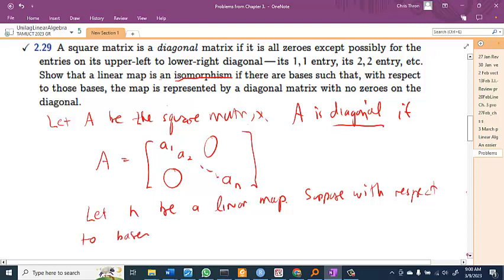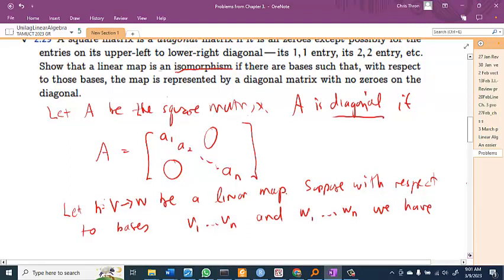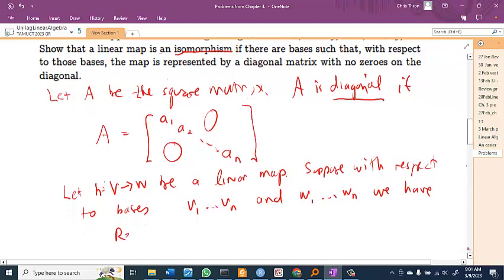Let me be a little more explicit: let H map from V to W. Suppose with respect to V1 through Vn and W1 through Wn, we have the representation from V to W. He typically calls these bases B and D, though you could use other letters.